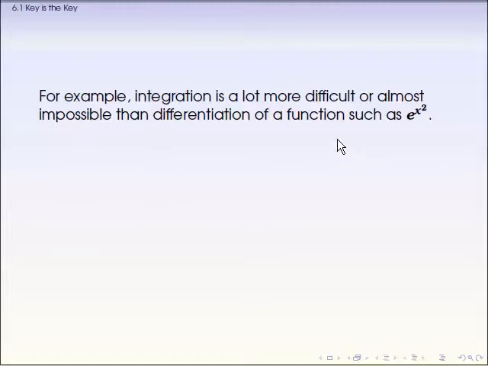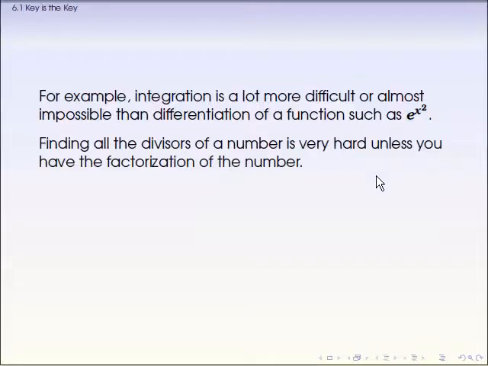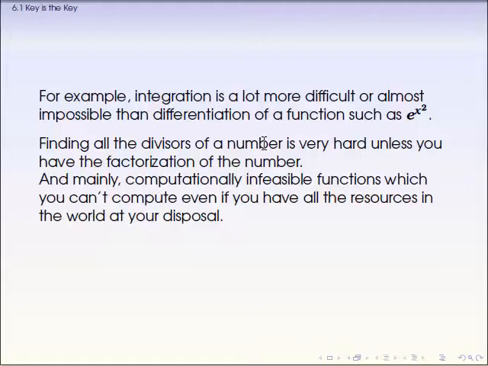For example, it's very easy to take the differentiation of a function, but it's very hard to get the integration of it. The other case is, if you have several numbers, it's easy to calculate the multiplication of them. But if you're looking for the divisors of a certain big number, then it's very hard and difficult to find. That kind of style we can call a trapdoor function.